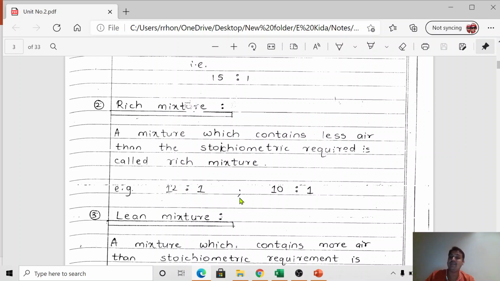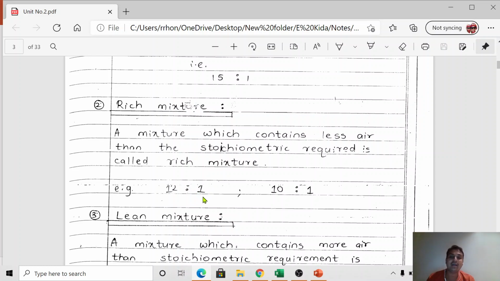And my dear friends, if you want to increase the speed of the engine, at that time you have to provide a rich mixture to the engine cylinder with the help of the carburetor. And how is the carburetor able to supply the rich mixture? It reduces the amount of air below the stoichiometric requirement, and it will never reduce the amount of fuel.